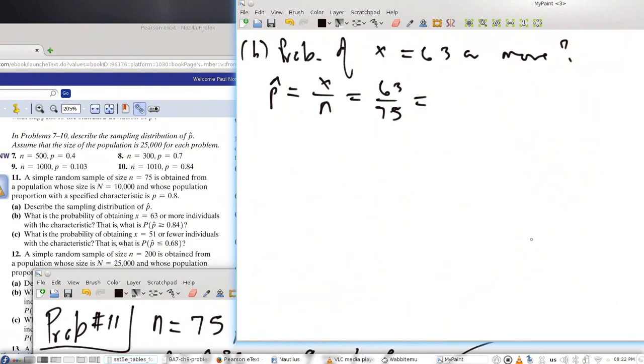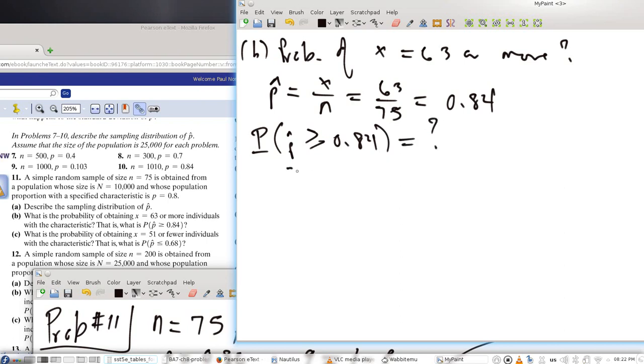Okay, and that is pretty much the second question right here. That is, what is the probability of p hat being at least 0.84. So then we have this here, which is 0.84, and thus the probability of obtaining p hat at least 0.84 is what we want to find out. We want to compute that.